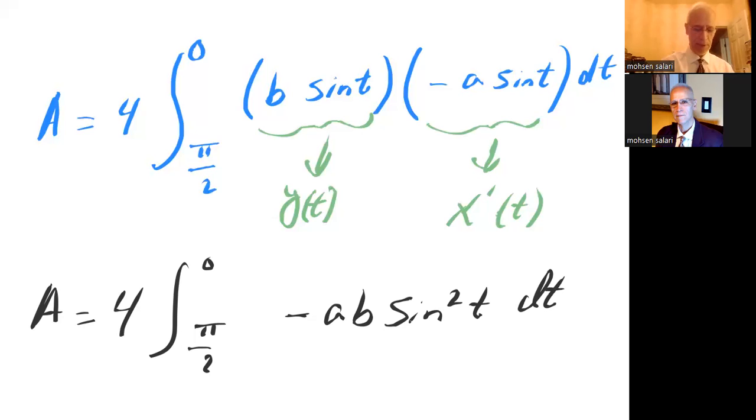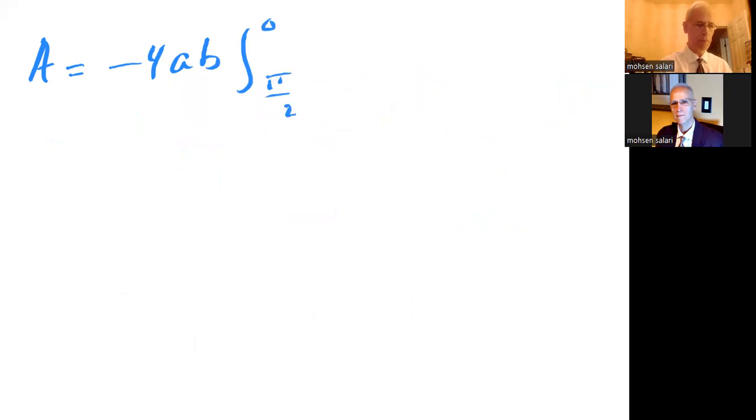And I can pull this out. So let me go to the next page. So I have area equals minus 4 times ab, from pi over 2 to 0, sine squared of t dt.